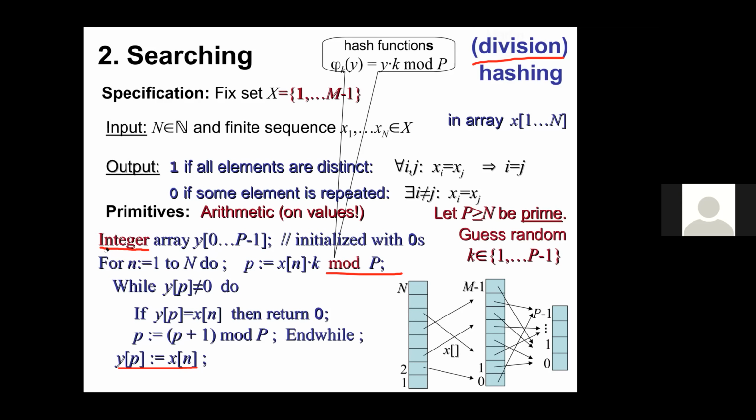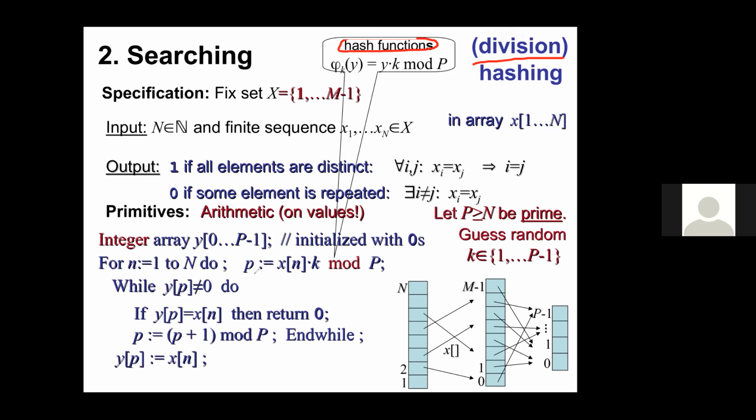And the other thing that you have to take into account is that you need to compute some position where to store the elements xn, and this is what is done by this hash function. The goal of this hash function is, when you're given xn, to calculate some place where you try to store the element xn in the array.